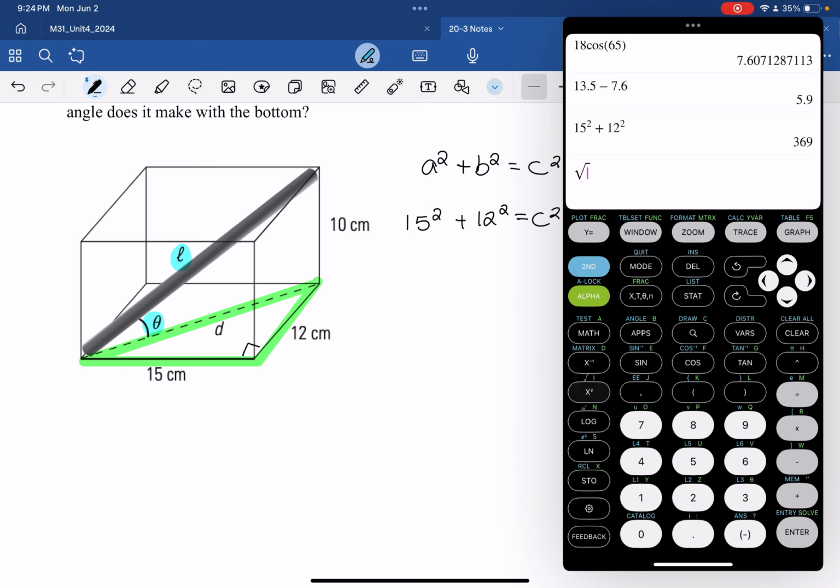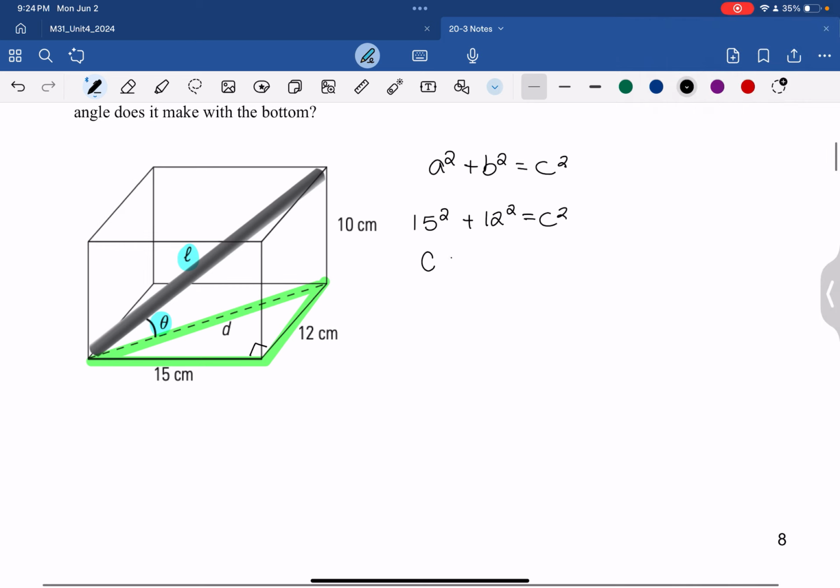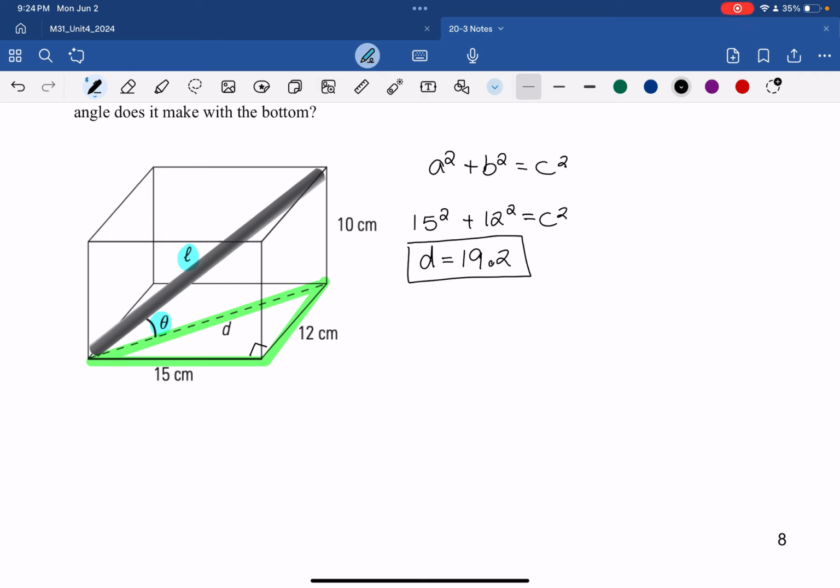And we're going to have to take the square root of the number that we get. So I got 19.2. Really I'm looking for D here, so I'm going to label that as D. So this is 19.2. And I'm just going to erase that triangle now.